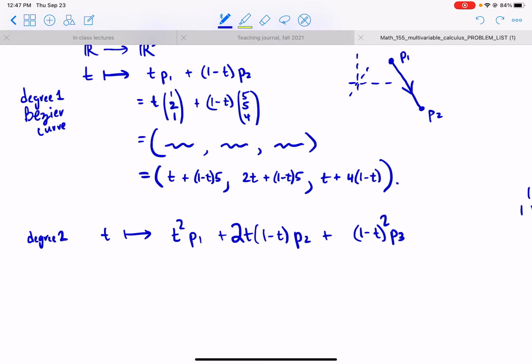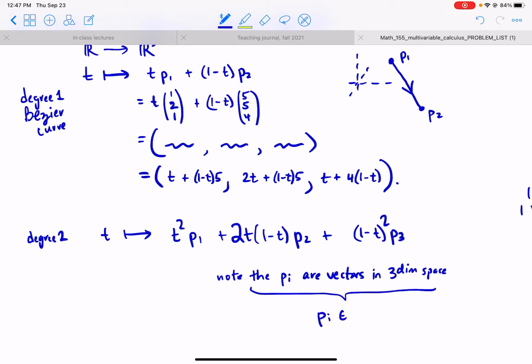Okay, so degree 2, this is, and maybe I will say note the Pi are vectors in 3-dimensional space. Another way to say this is that each of the Pi is in 3-dimensional space.